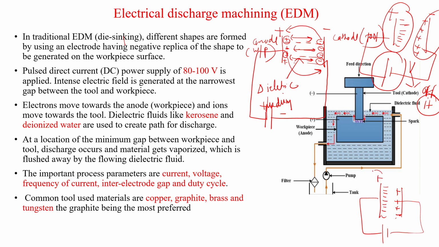When we switch off the voltage, the plus and minus signs go away, so there is no charge here and no charge here. So these particles have no attraction, and they become very highly volatile.